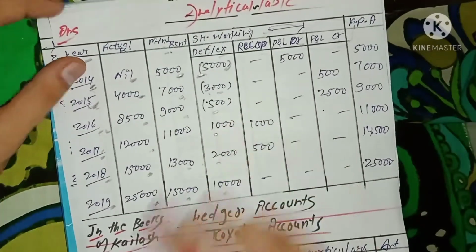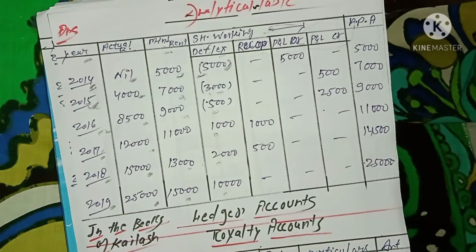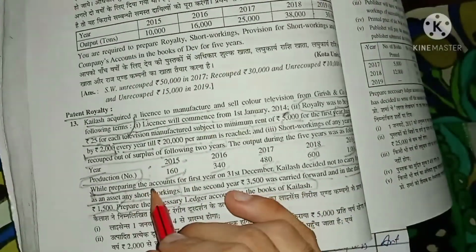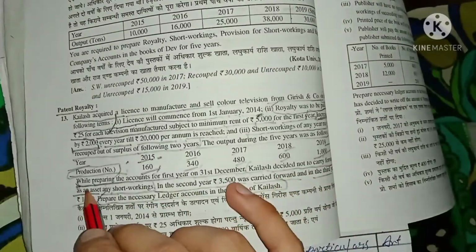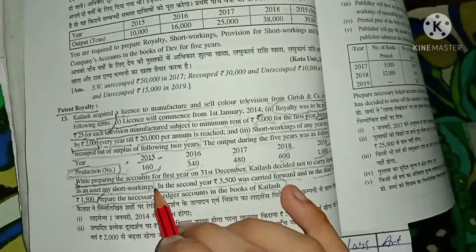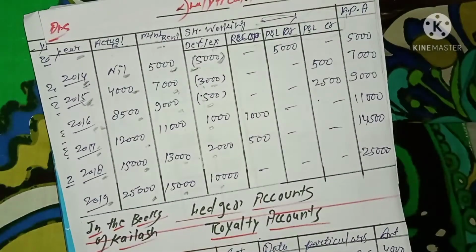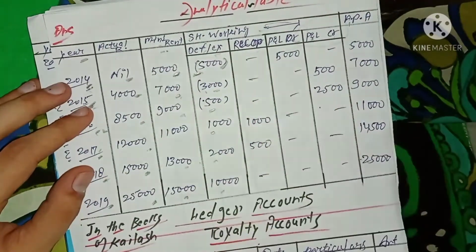But as you can see in the question, the patentee in the first year doesn't want to carry forward the royalty amount as an asset into the next year. So you simply have to debit it to the P&L account.